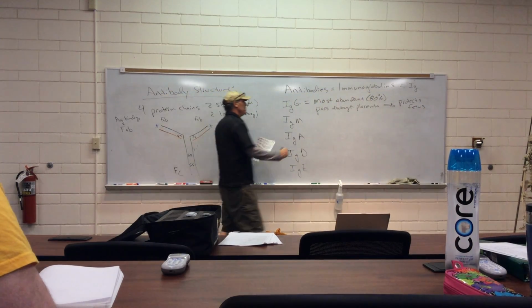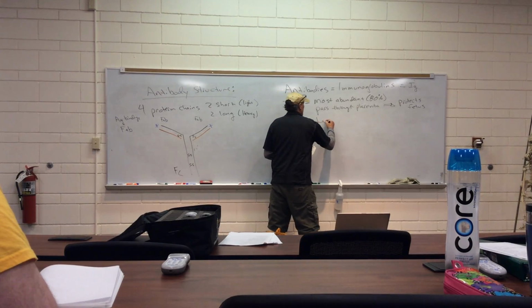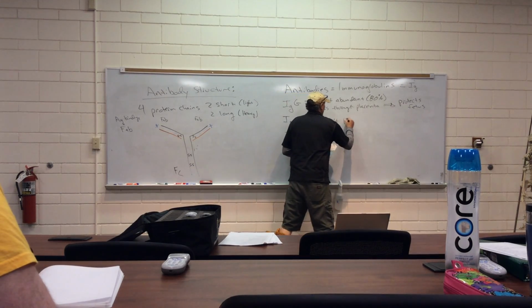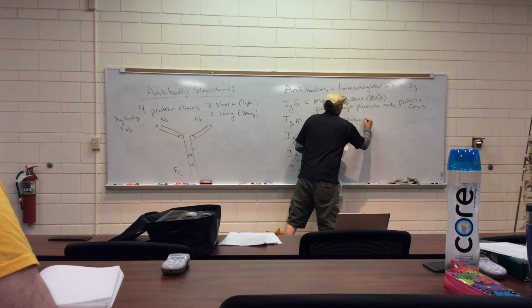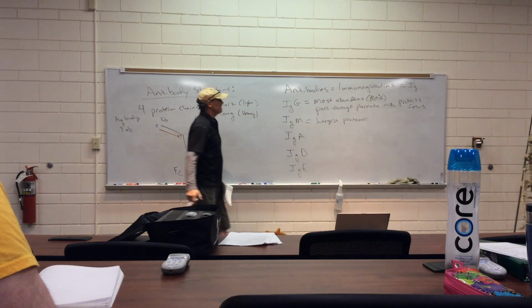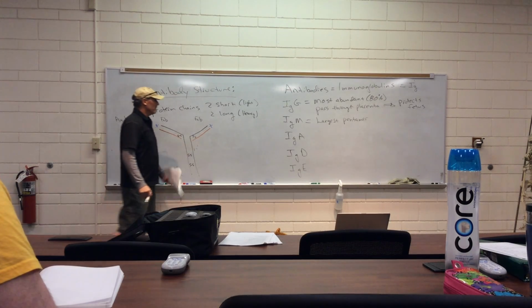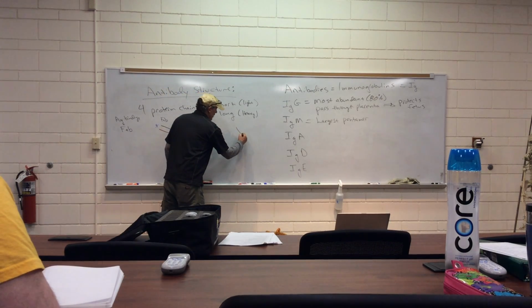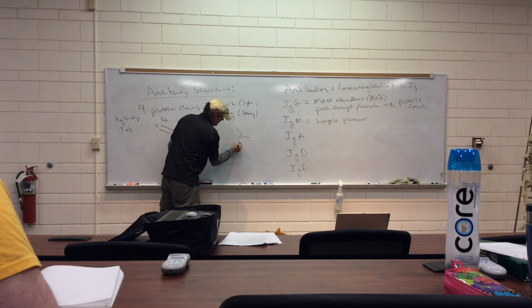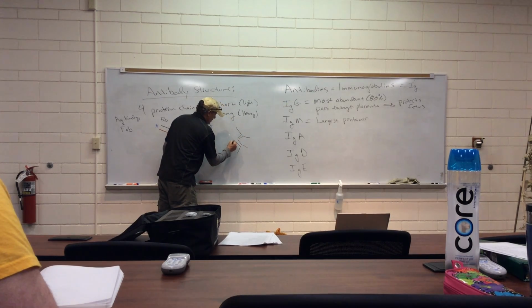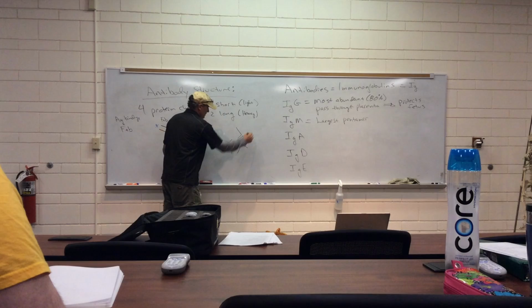You've got your IgM, it's the largest. It's actually 5 antibodies connected together, so it's a pentamer. And if you look at it, they're all connected on the FC region, and so on and so forth.